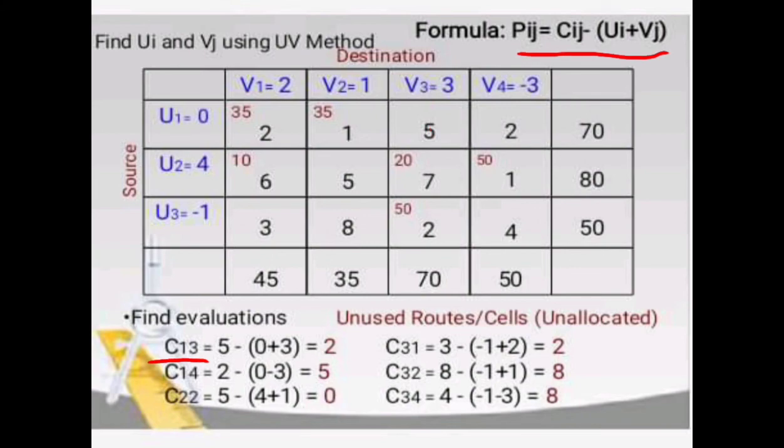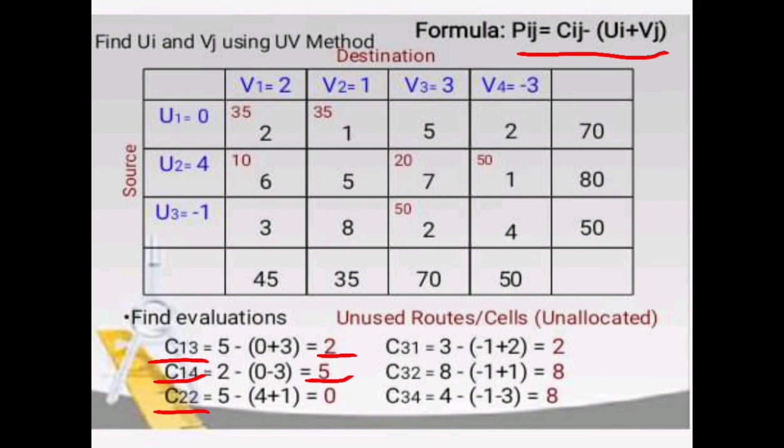Next is the C14, row 1 and column 4. C14, and then the C_ij is 2. And then the U_i plus V_j is 0 minus 3. So the equivalent is 5. Next is the same process. We have row 2 and column 2.